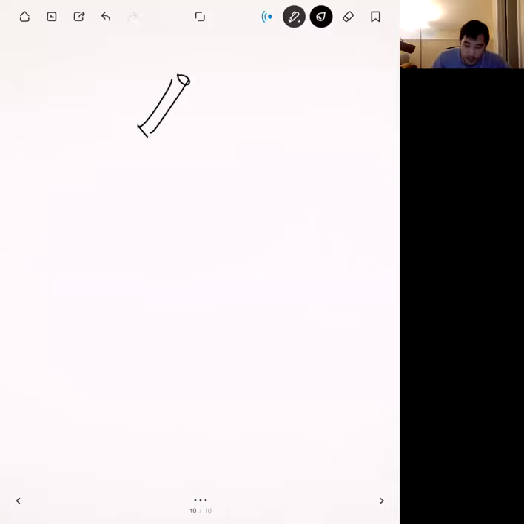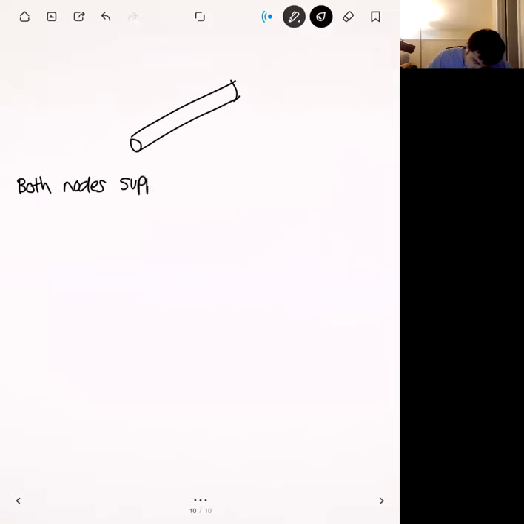And so for 2D cases, we have a truss element that's kind of arbitrarily oriented. Okay, we have something like that, and at each of the nodes, we have both x and y displacements. Here we're going to have a displacement like this and a displacement like this, and up here we have a displacement like this and a displacement like this.